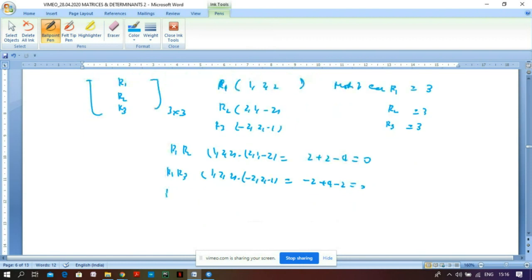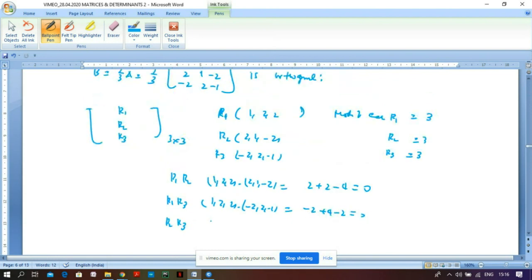And the remaining one, R2 and R3. So if you do R2 dot R3, that is 2, 1, minus 2 dot minus 2, 2, minus 1, that number will be negative 4 plus 2 plus 2, again 0.